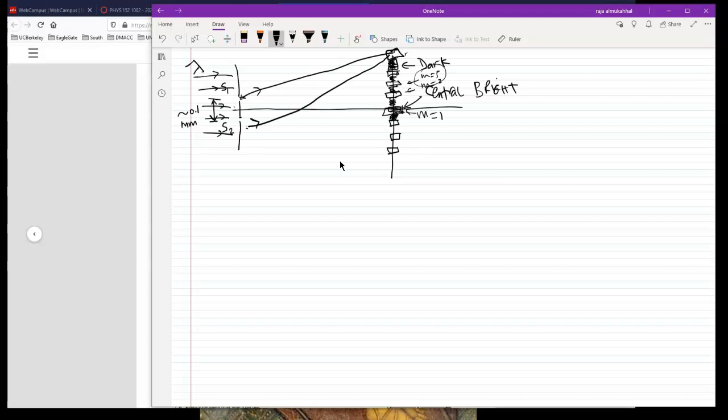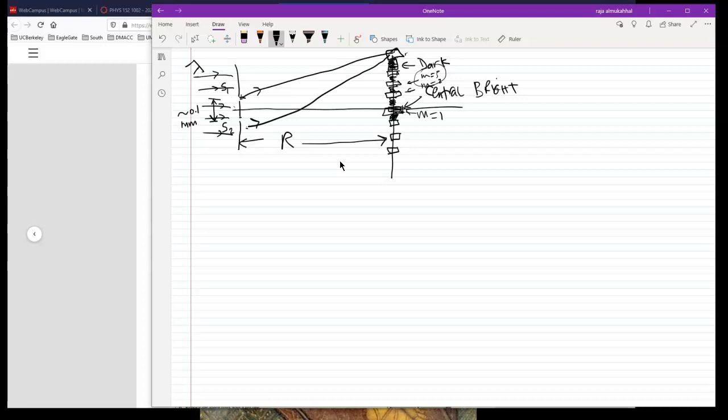And then I assume that the distance between the screen with the 2 slits and the screen is a distance r. I like the notation L, but your book uses capital R for that.